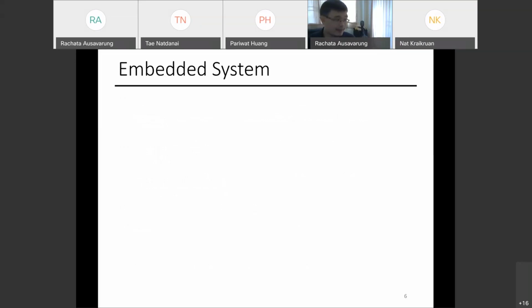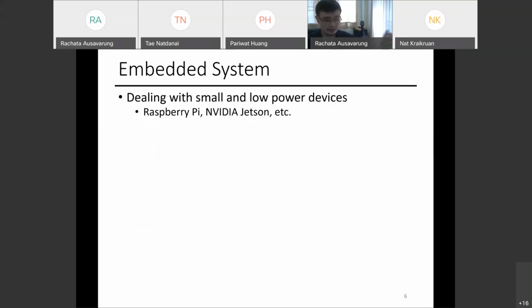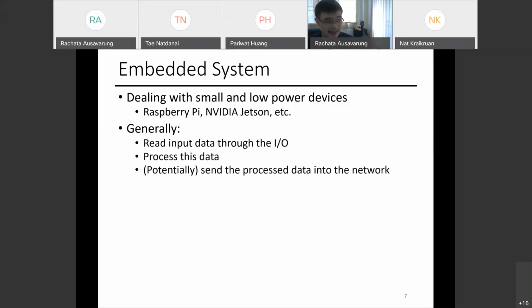And then there's embedded system, where you would look at different low power devices and you would then hack. Generally in embedded systems, you plug a sensor into these devices, read something, process the data, and send it out. That's probably the high level idea of what they do, right?